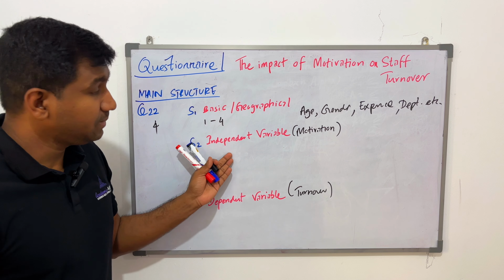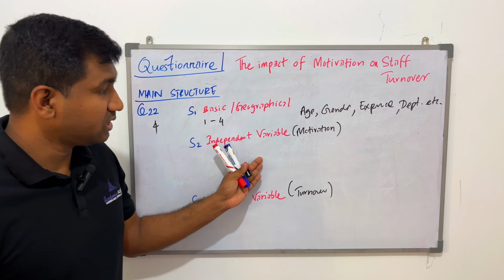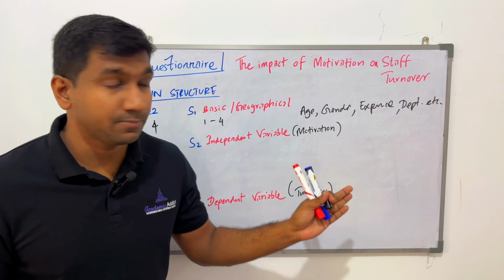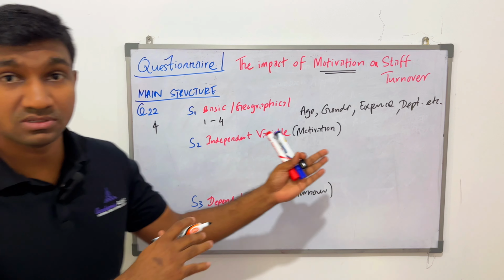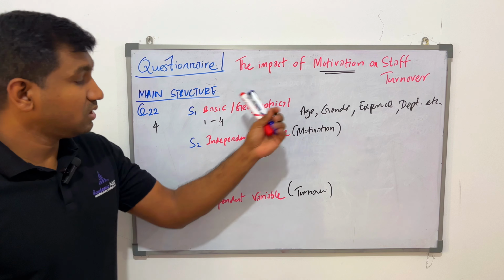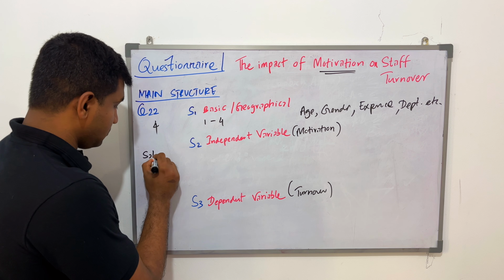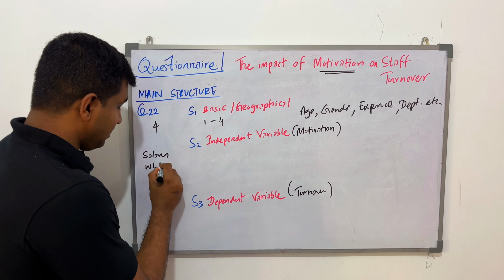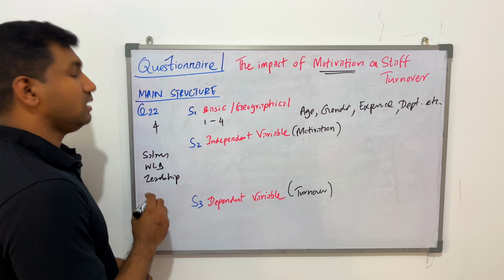Now, under independent variable, this is where you have to focus more. Under independent variable, what are the attributes that you have? So we also had four attributes, right? We have discussed this in previous videos. So in our sections, we had salary, work-life balance, leadership, and recognition.